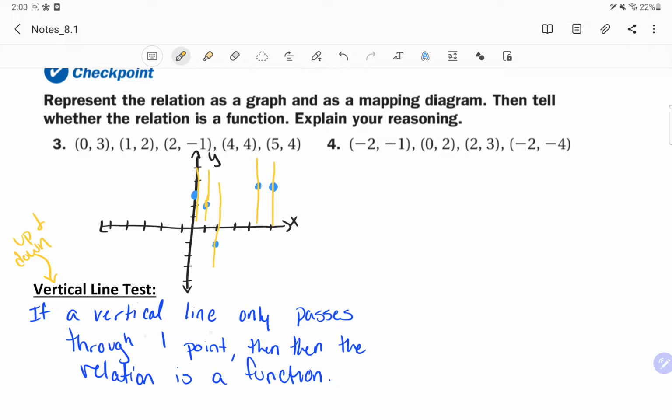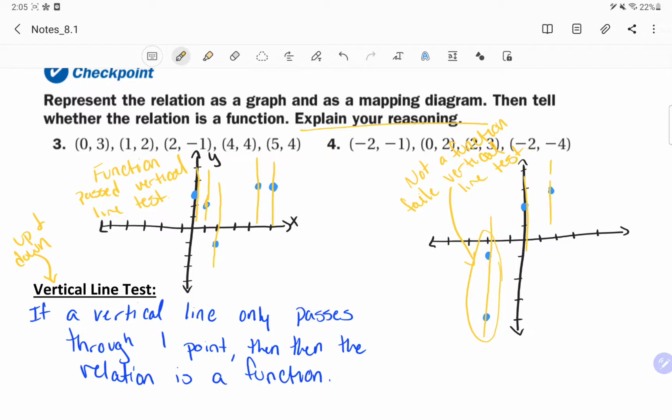Okay, because it says if it only passes through 1 point, then the relation is a function. Well, none of these vertical lines hit more than 1 point. So that means 3 is a function. And where it says explain, we just put passed vertical line test. All right. Okay, so I'm going to pause. You try number 4.